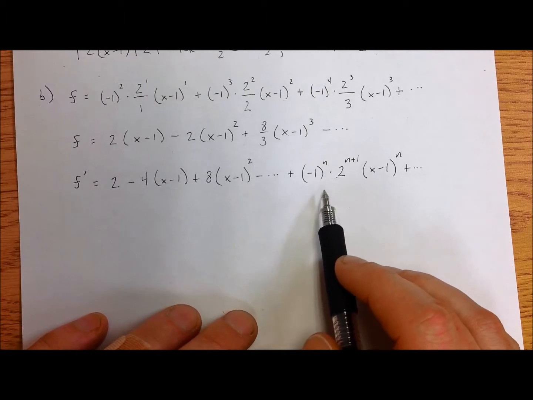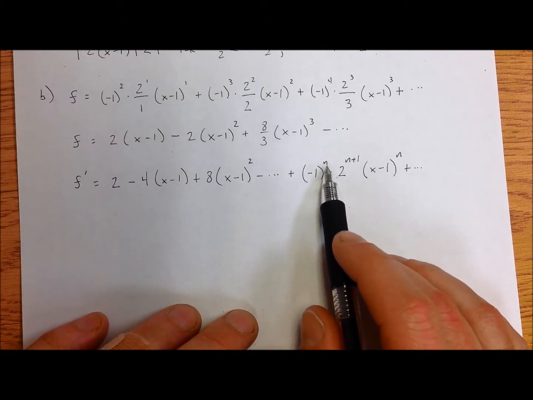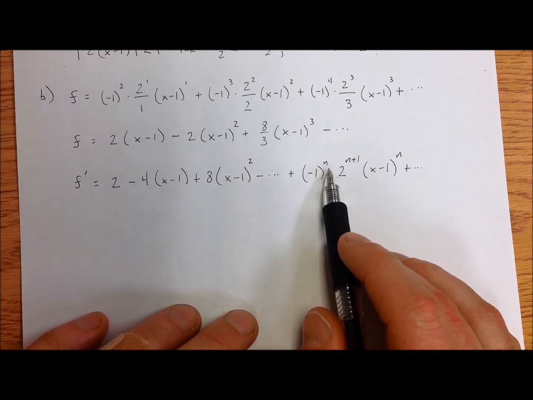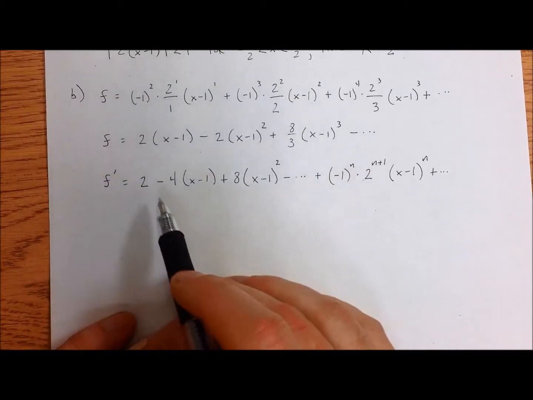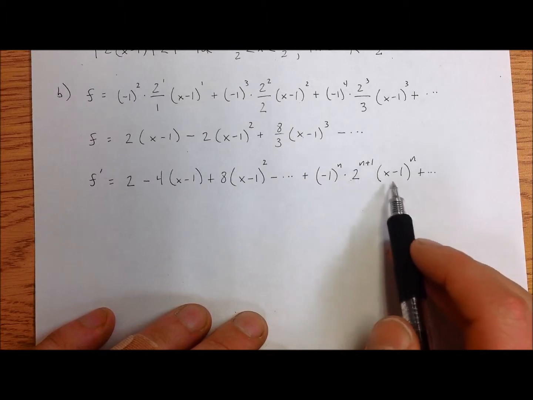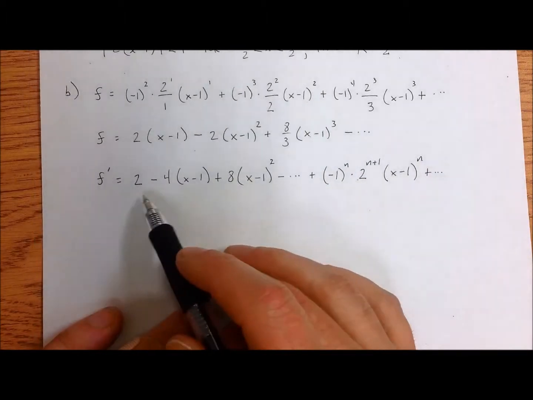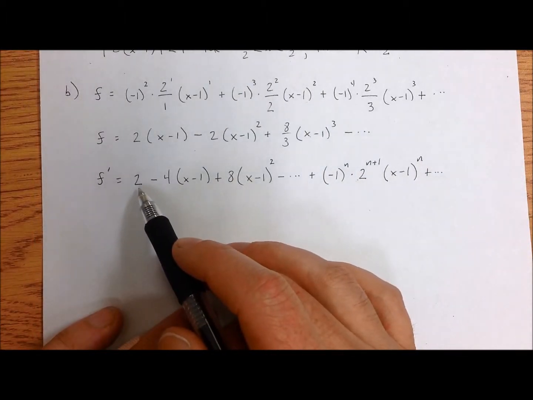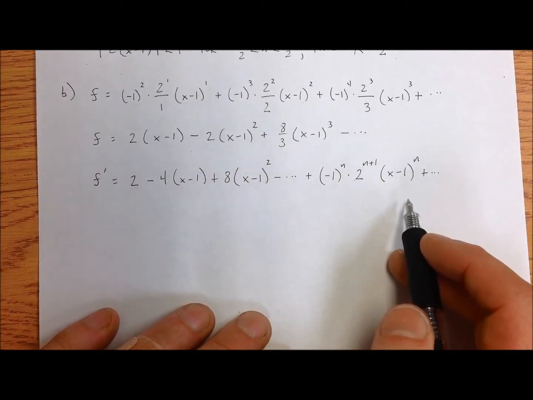I choose to. I think it's the easiest way to go about this. So that means negative 1 to the 0 will be 1, which means the first term will be positive. 2 to the 0 plus 1 is just 2. (x minus 1) to the 0 is 1, so I get the desired outcome of the first term being 2. And each one follows after that, and I'm done with part B.